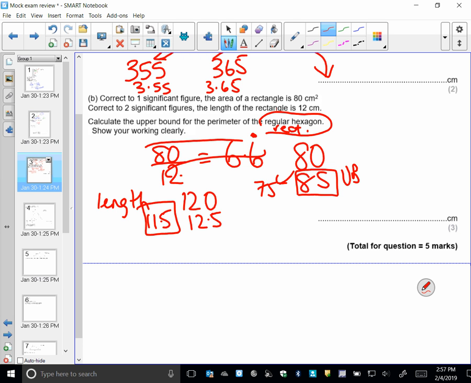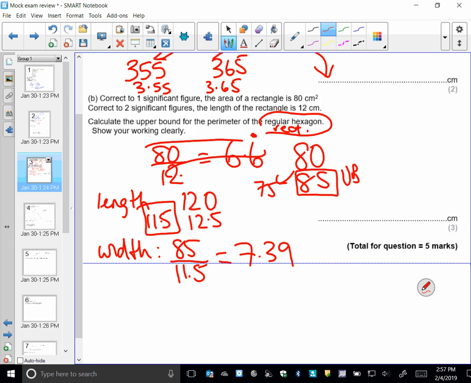Then it's 85, so we have our width: 85 divided by 11.5, 7.39. Exactly.